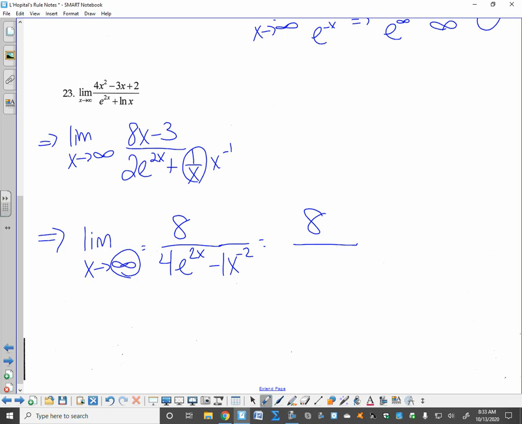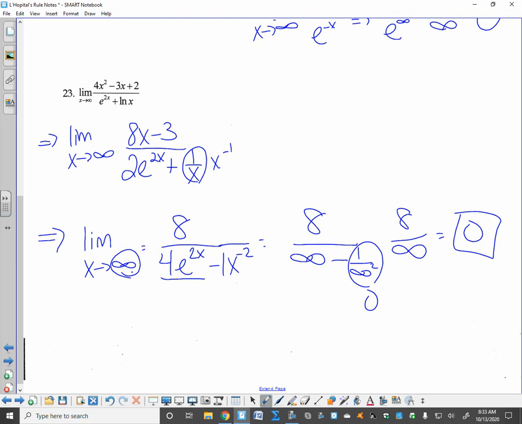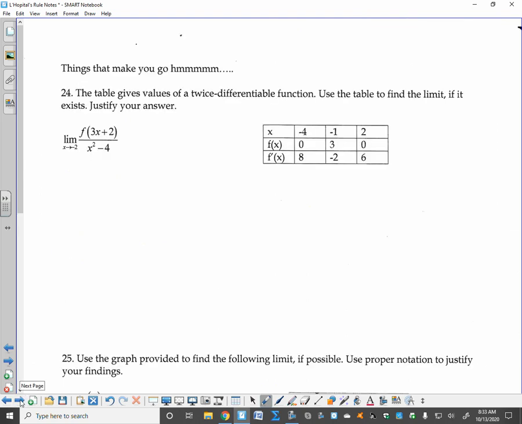So 8 over e to the 2 times infinity is infinity, and then this is 1 over infinity squared. So this is headed towards a 0. Infinity minus 0 is infinity. And 8 over infinity would be a 0 because the bottom's getting very large.